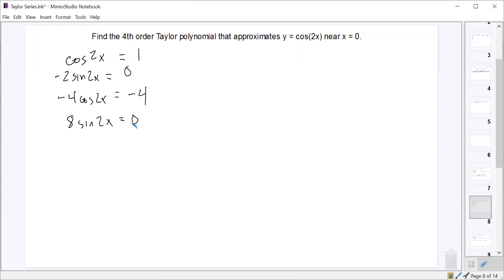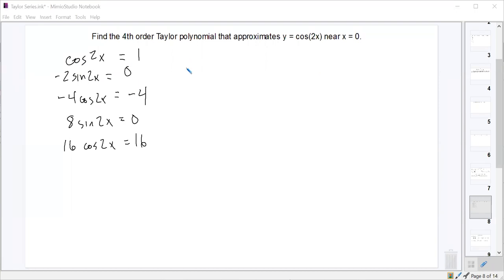And our fourth derivative is what we should need for our fourth order Taylor polynomial. Should be 16 cosine 2x, which should give us 16. Everybody good there? I hope. Yes. Okay, perfect.